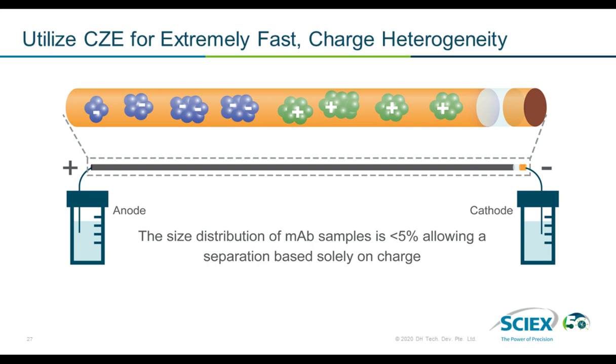So when the size distribution, the hydrodynamic radius of your sample, is fairly negligible, as is the case with most antibody samples and other proteins where we have good control over our manufacturing process, the separation is primarily based on differences in the molecule's charge.